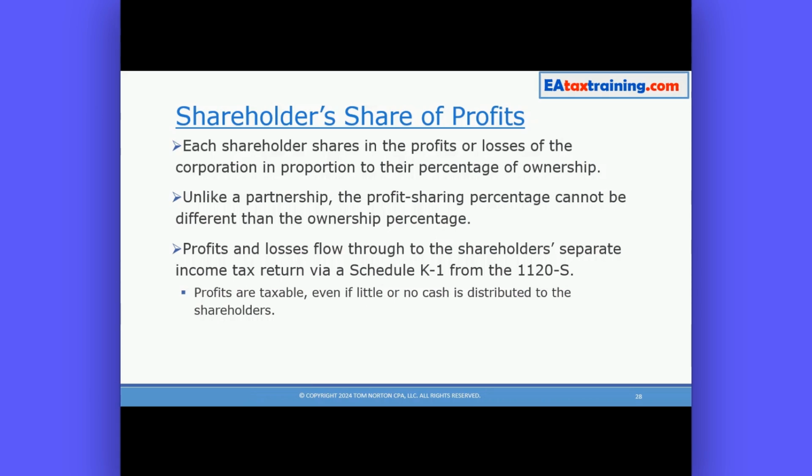And so that is a key difference between an S Corp and a partnership. But then, whatever those percentages are, the profits and losses flow through to the shareholders' separate income tax return via the Schedule K1, just like on a partnership. And those profits are taxable even if little or no cash has been distributed to the shareholders, just like we saw with a partnership.